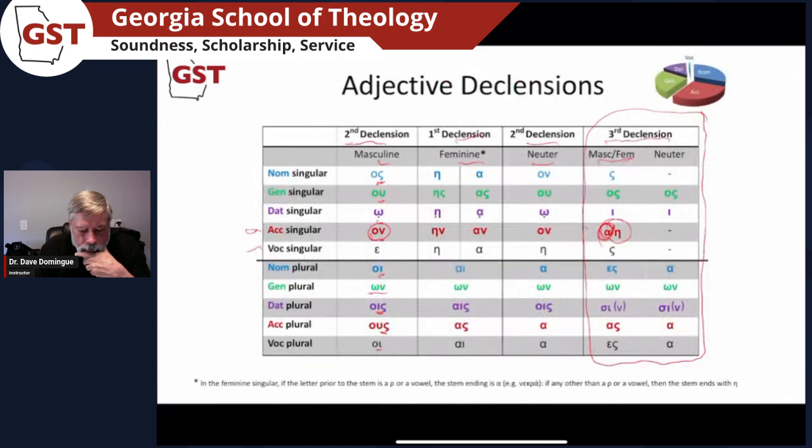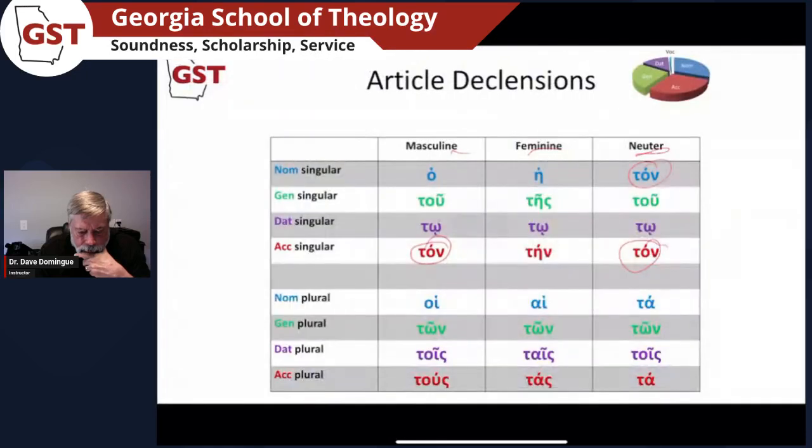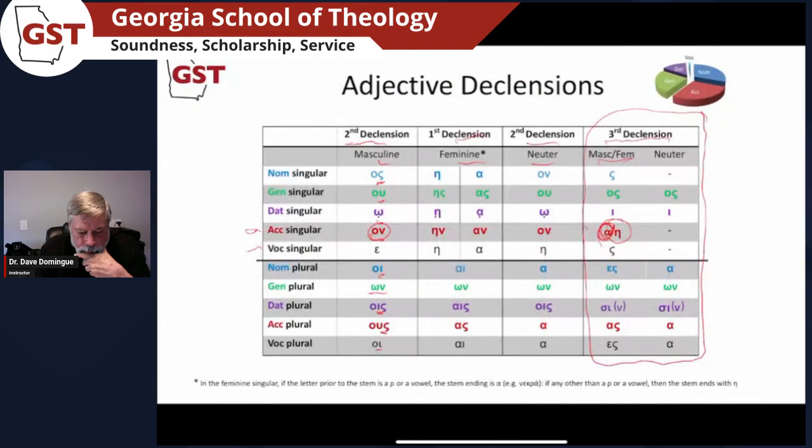Oh, because where's it at? Yeah, that's why. Okay, this is where it gets fun, because it's a third declension word and its stem ending is with the theta. Alethes, and that's why.